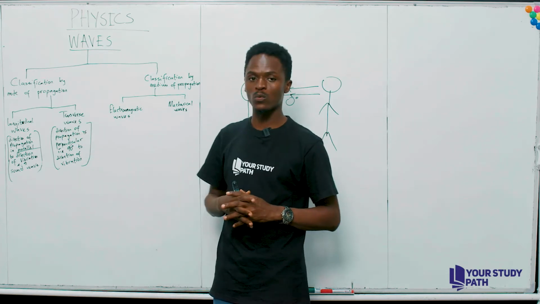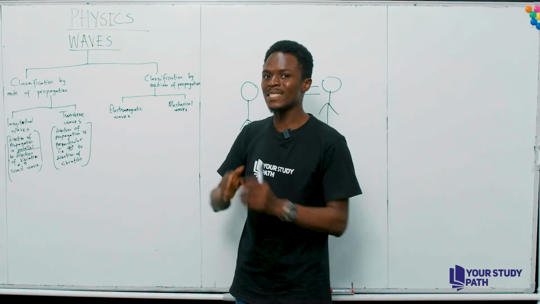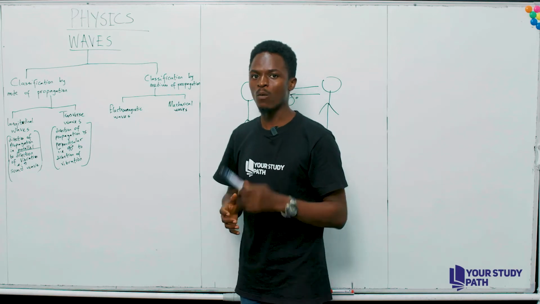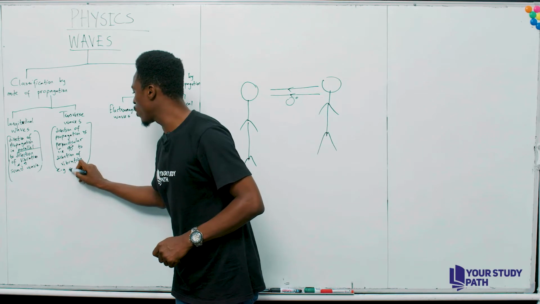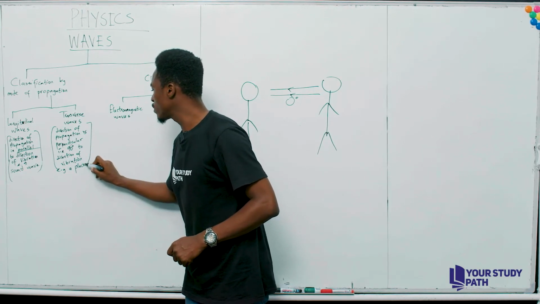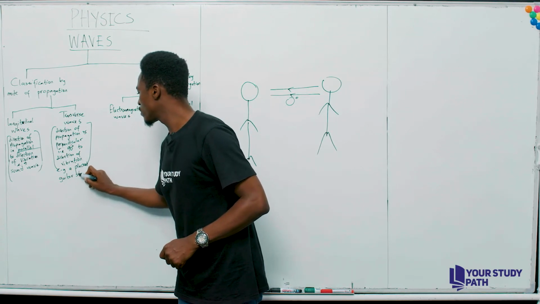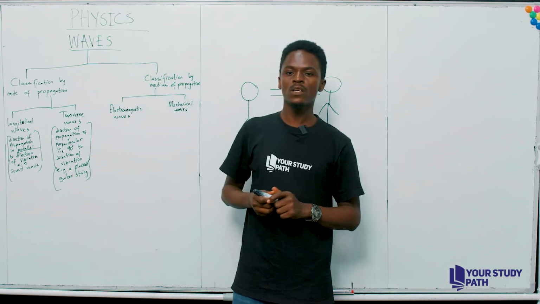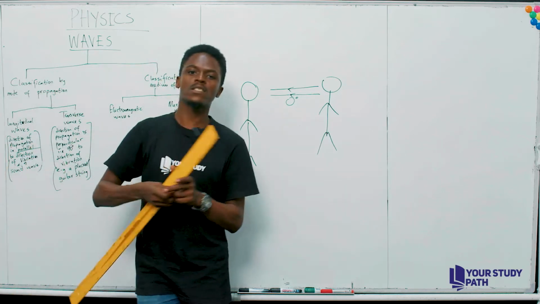Talking about transverse wave, we said that the direction of propagation is perpendicular, that is at 90 degrees to the direction of vibration. And what comes to mind as an example will be a plucked guitar string. You have a guitar and you tend to pluck it.